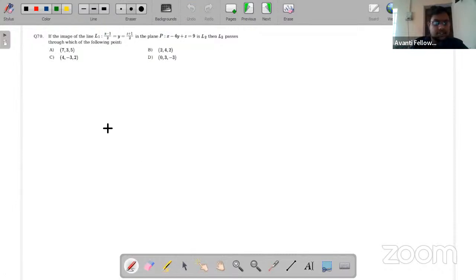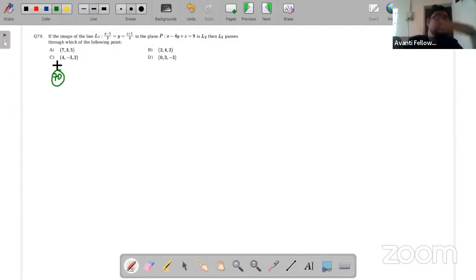Moving on to the next question, 70. It says that the image of the line L1 in the plane P is L2, then L2 passes through which of the following points? Image of a line in the plane P is the same as the image of a point on the line.